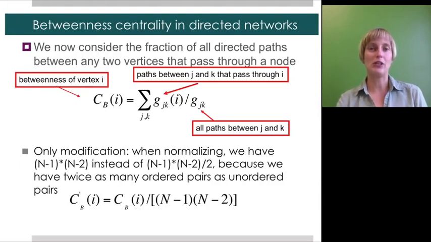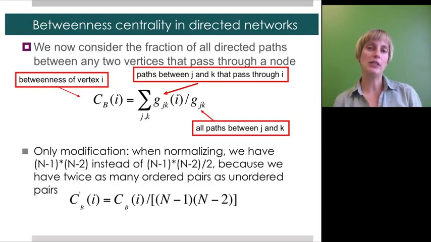Some of the measures are just naturally extended into their directed counterparts. So if you remember when we talked about betweenness, this was simply the number of paths between all the other pairs of nodes that pass through our node of interest divided by the total number of paths that those pairs have. And what we're going to do is we're just going to change it. We're going to say instead of undirected paths, these are going to be directed paths.